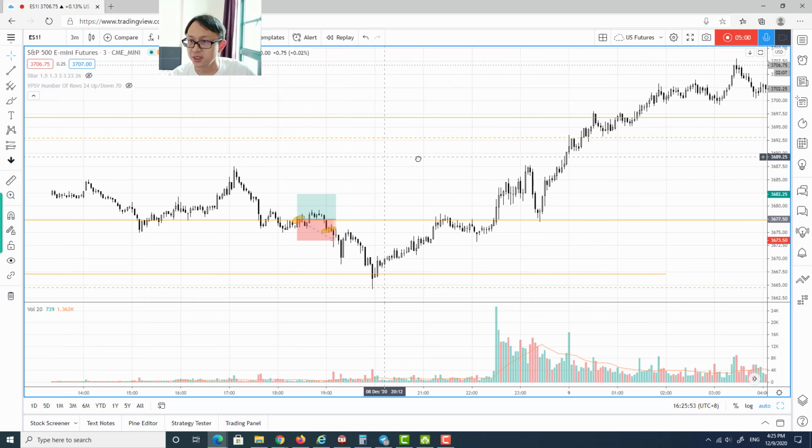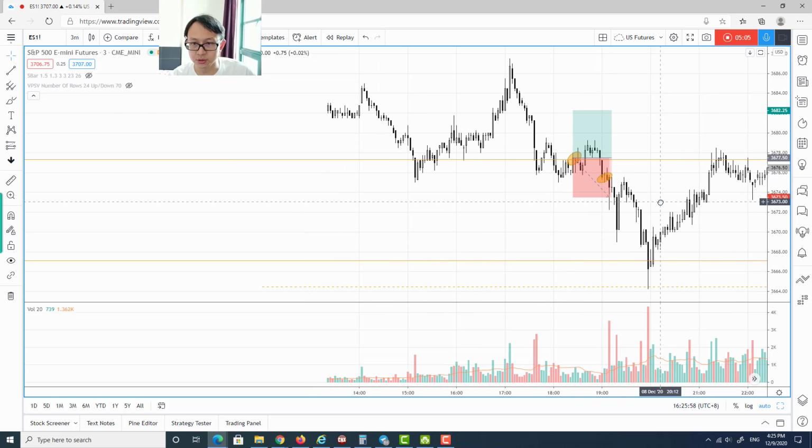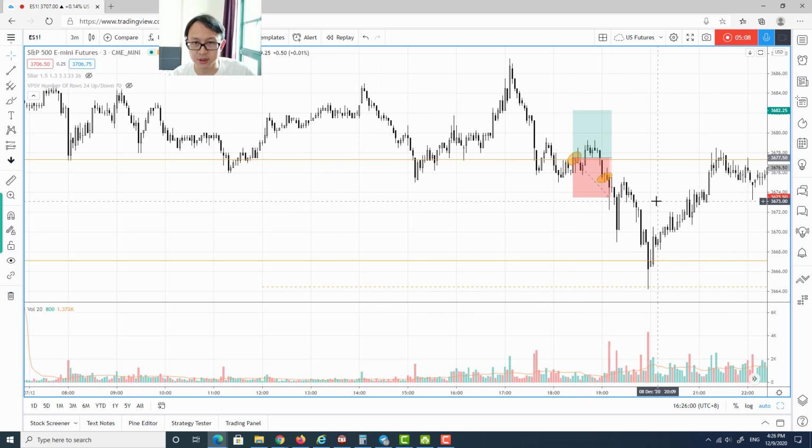This is one good way to demonstrate this. So instead of always taking a full -1R loss, sometimes we definitely can minimize the losses to below -1R. So over the long run, let's say if you have 2 or 3 losses every week, then probably around 10 losses every month, if you can just minimize the losses to probably 40-50%, then over a month you will reduce the losses by 50%.